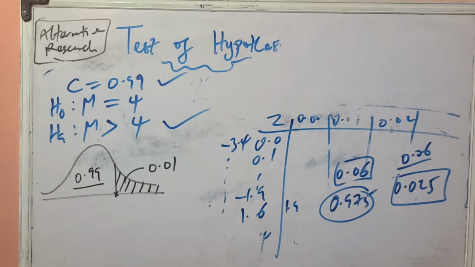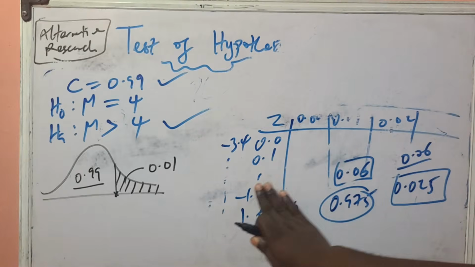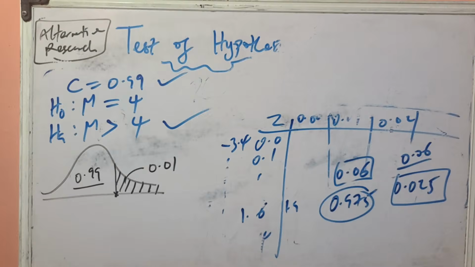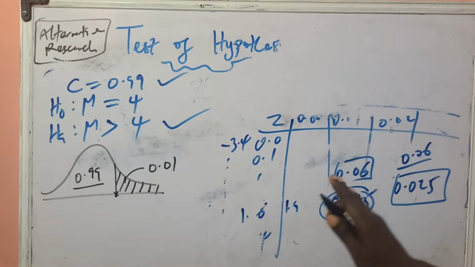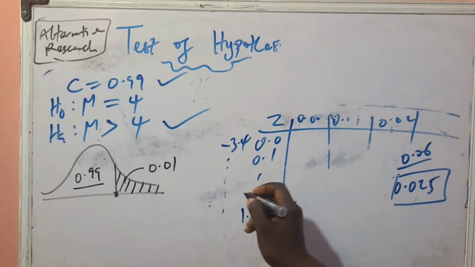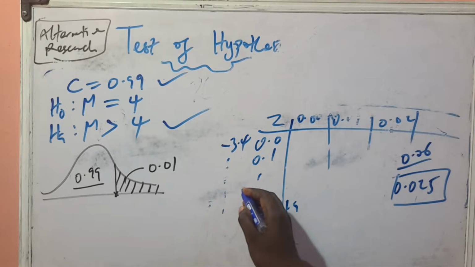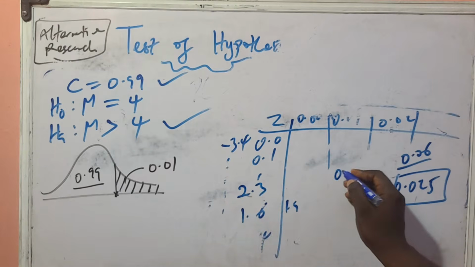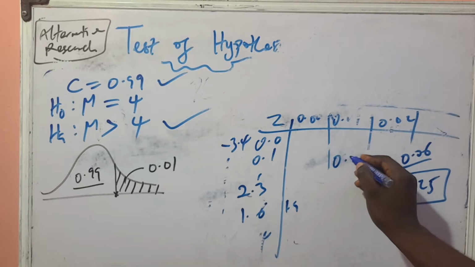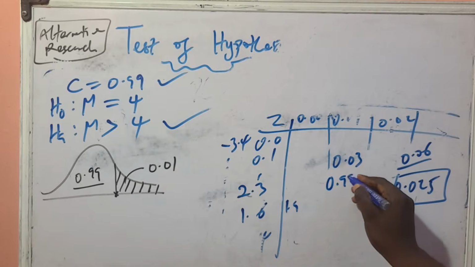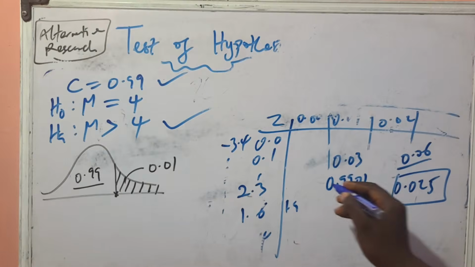All right. If you check your table, of course you're using your positive Z table here. You will see that we go on to check, I believe, 2.3 under 0.03. We produce 0.9901, which is the closest.